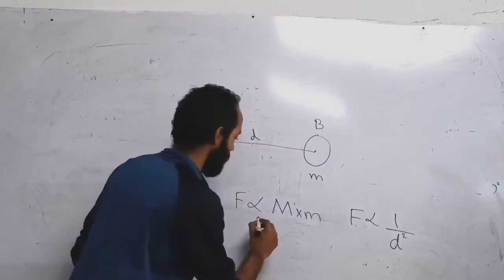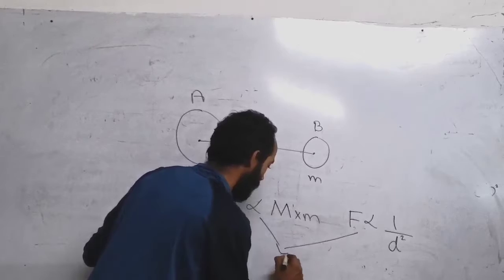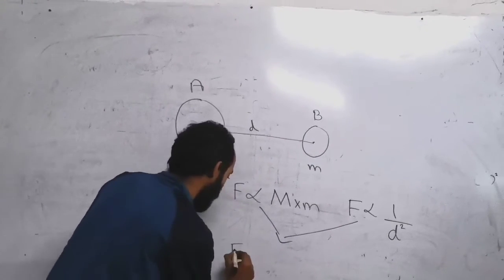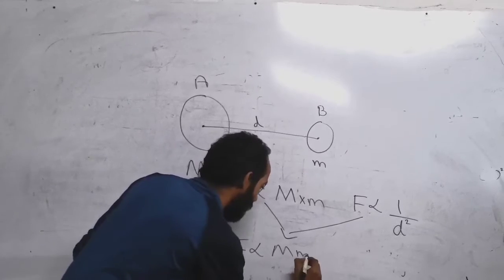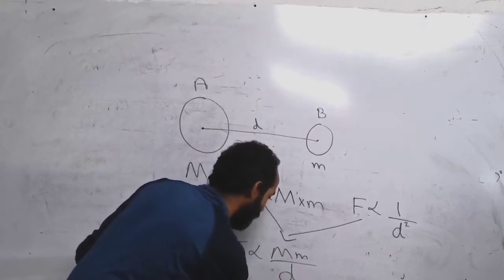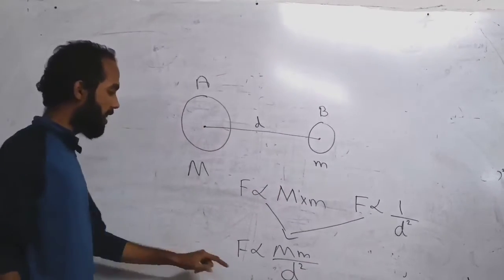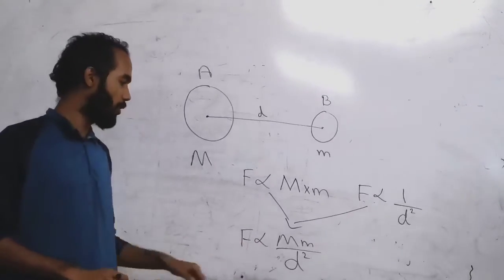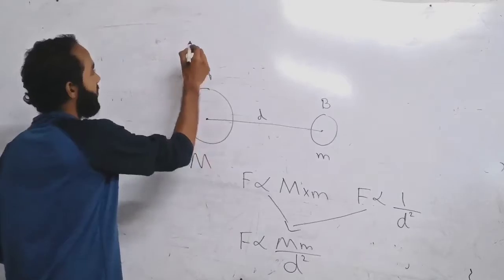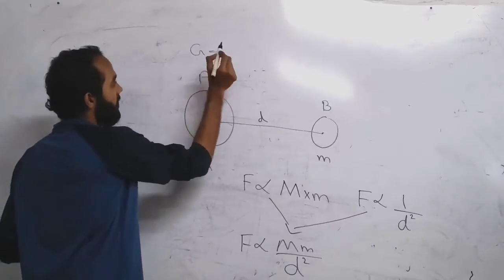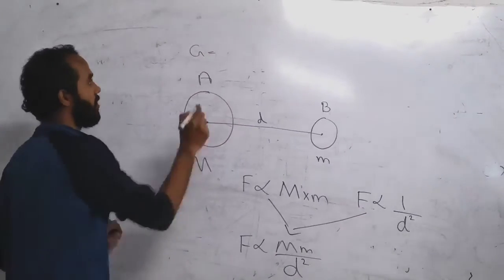When we combine these, we get F proportional to Mm by d square. Here a proportionality is present, so to remove this, we have to add a constant. The constant is G, the gravitational constant.